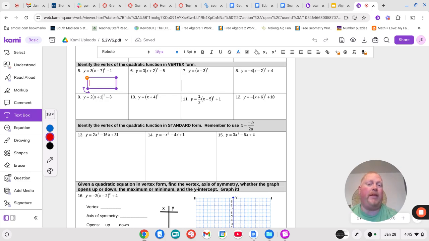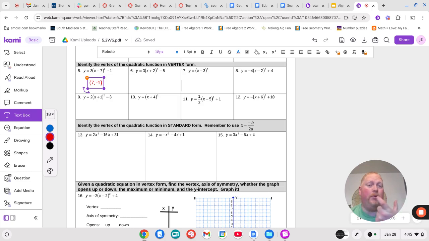If you recall, that means I have to change the sign on what's inside the parentheses, so that minus 7 becomes a positive 7. And what's on the outside of the parentheses, that's our y coordinate, and that value does not change. So since it's minus 1 on the outside, it's minus 1 in the vertex. So positive 7, negative 1 is our vertex.